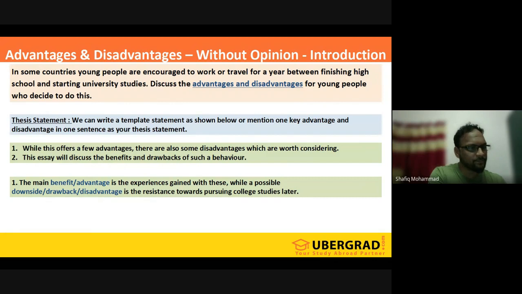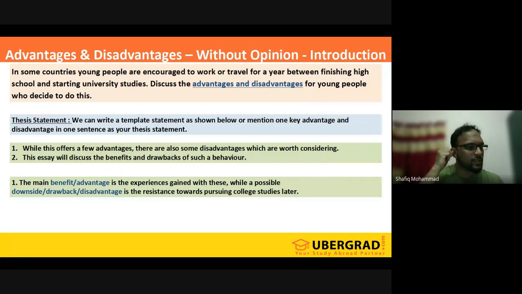This is Nikunj. In certain countries, youth are following a trend of working or traveling a year as soon as they complete their secondary education and begin with their further studies. Okay. Instead of end, you can write before they begin with the further studies.